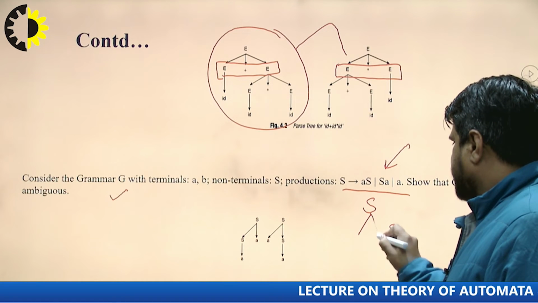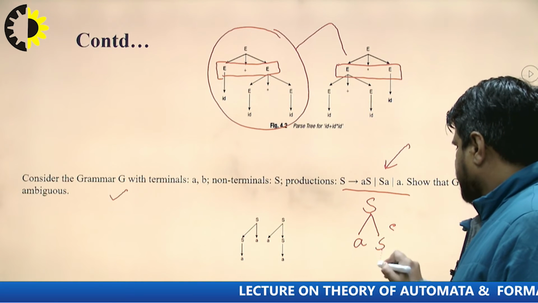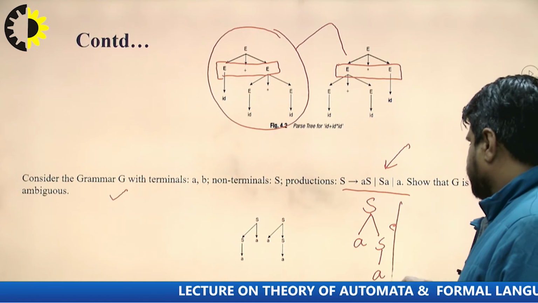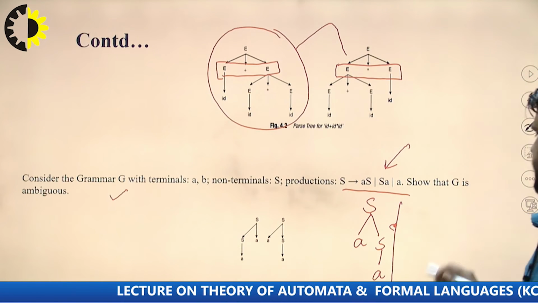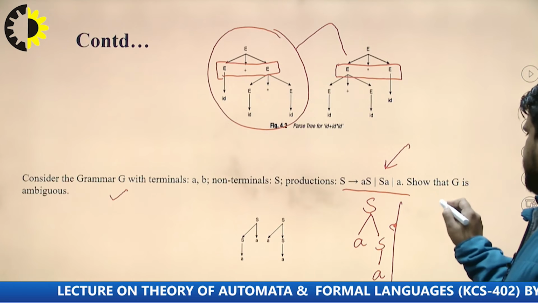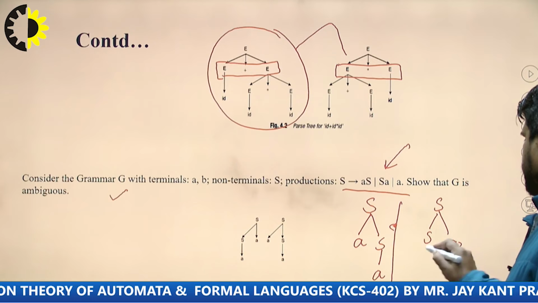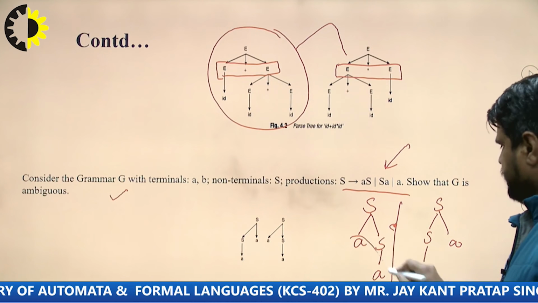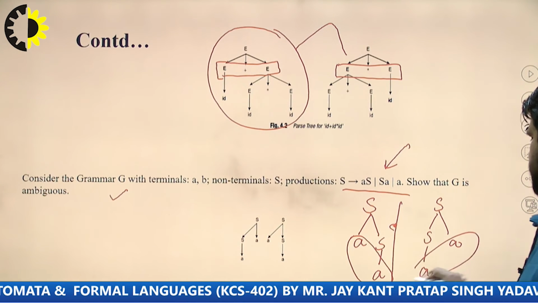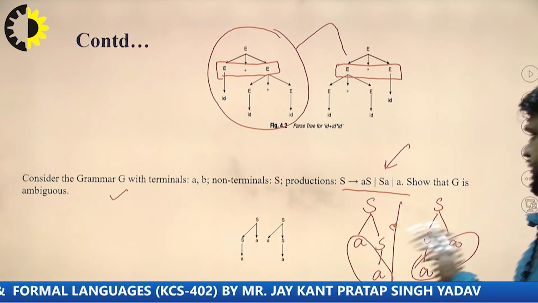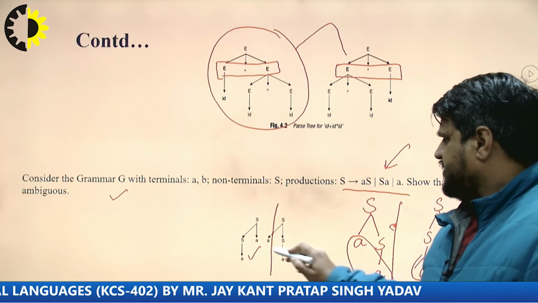You derive AS. After that, you will append A. This is the first derivation, right? Another derivation is S derives SA. After that, you will replace by A. So in order to generate the string AA, there is more than one parse tree. Clear? You can see here, the first one and the second one.